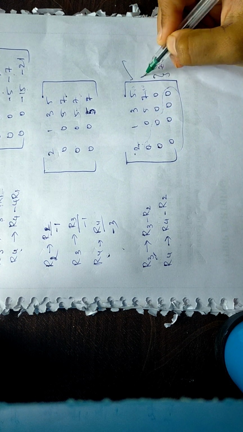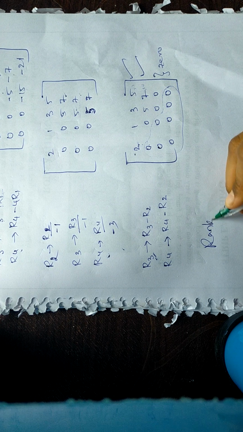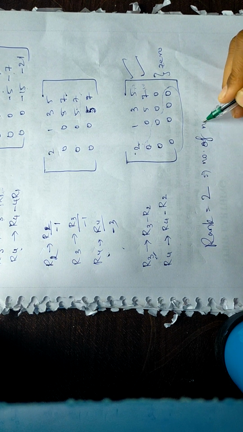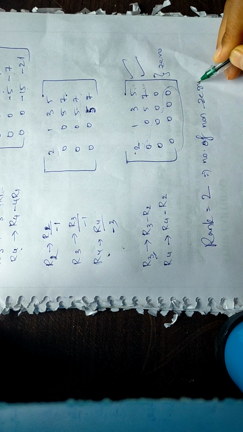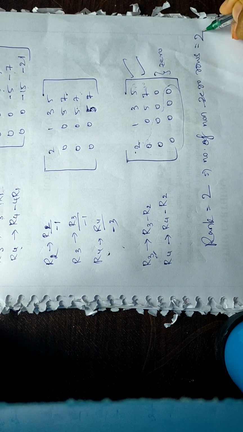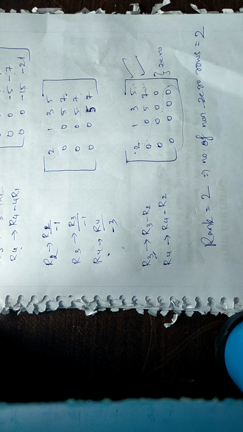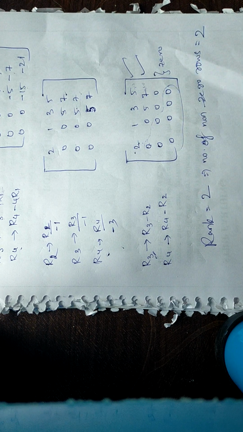How many are there? 1 and 2. So the rank of this matrix will be 2, because the number of non-zero rows is 2. You can check whether this answer is correct or not by using the general method as well.